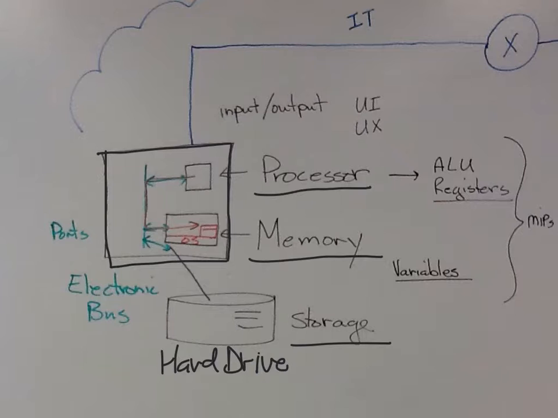And there could be other types of storage where we store things permanently. Memory is where we work on the software that's in memory, or we have storage locations in memory that hold information for us.